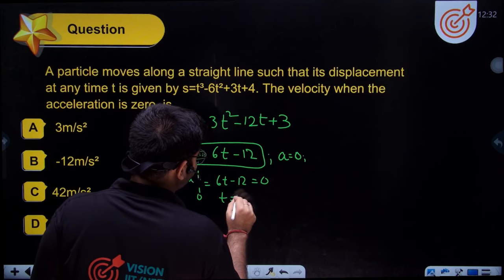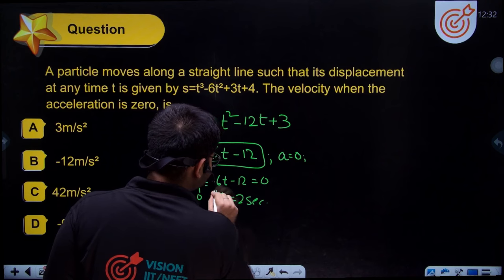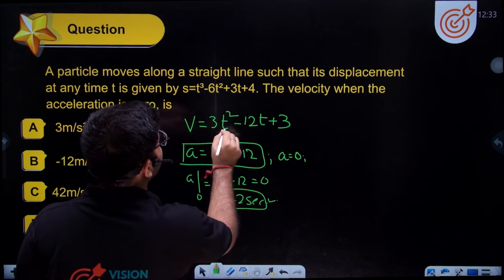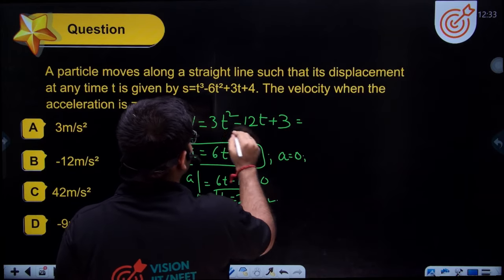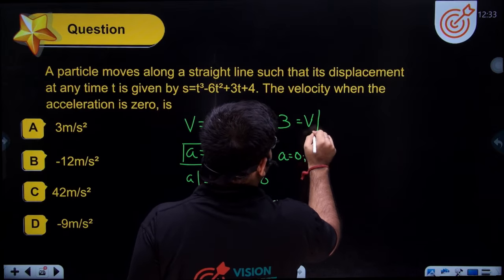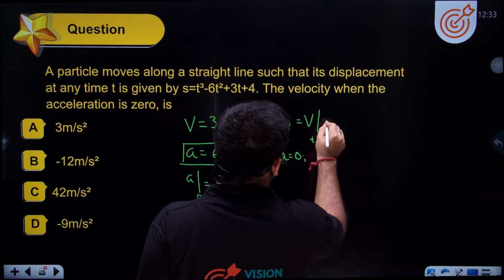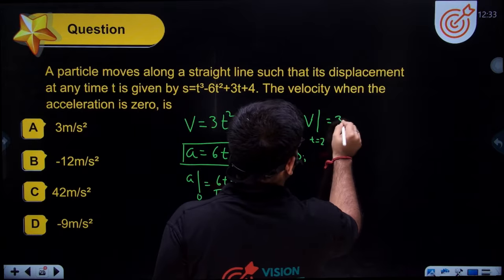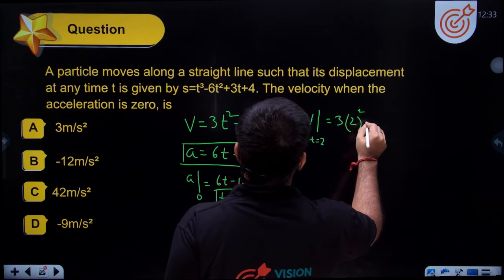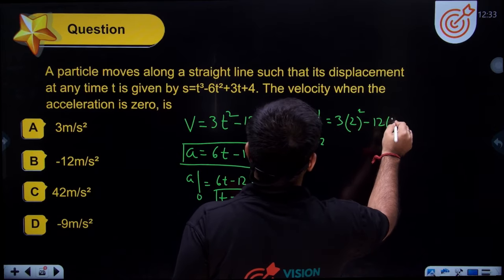So t you are getting as 2 seconds. Just put the value of t here. So v at time t is equal to 2 is nothing but 3 into 2 square minus 12 into 2 plus 3.